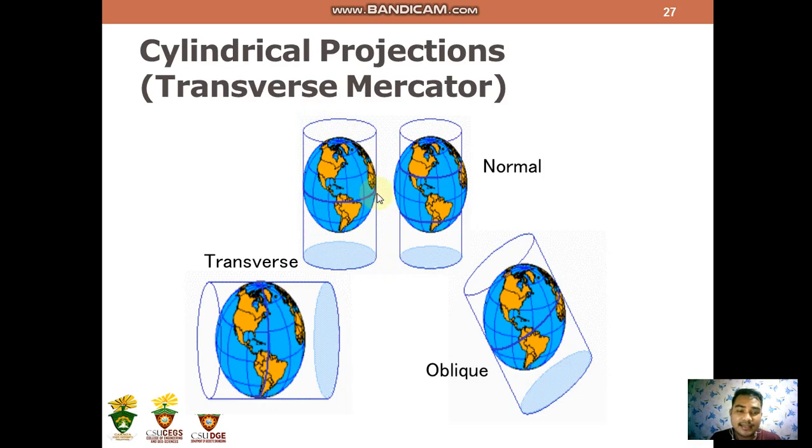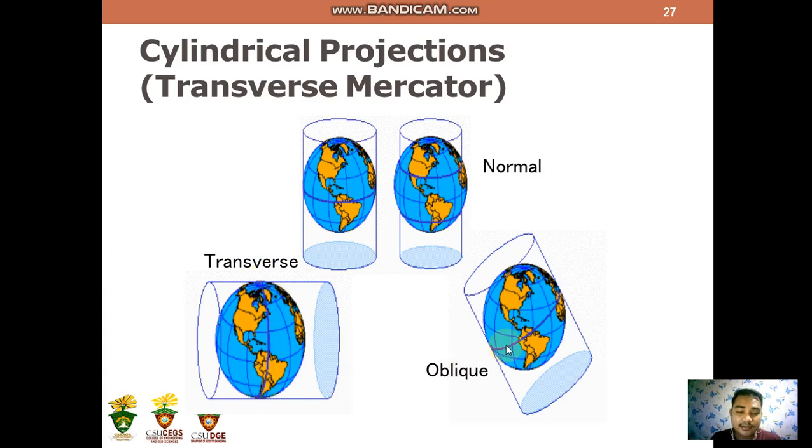Okay, only one line touches. Another one for normal is this one, where it touches twice, at this part and this part. So that is called secant. And we also have another aspect, which is the transverse. Here, what touches the cylinder is the meridian, a meridian running north to south.